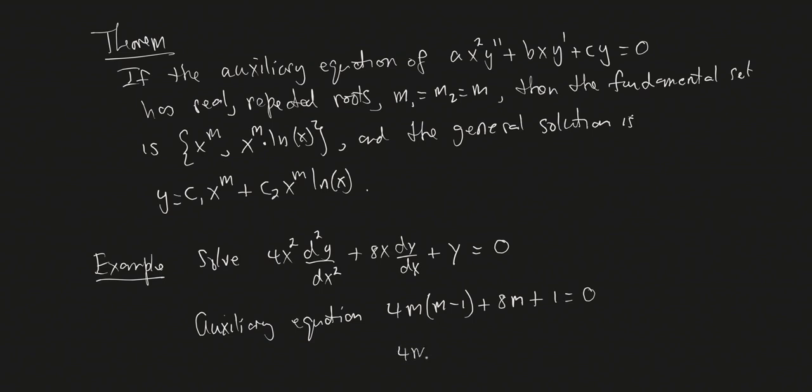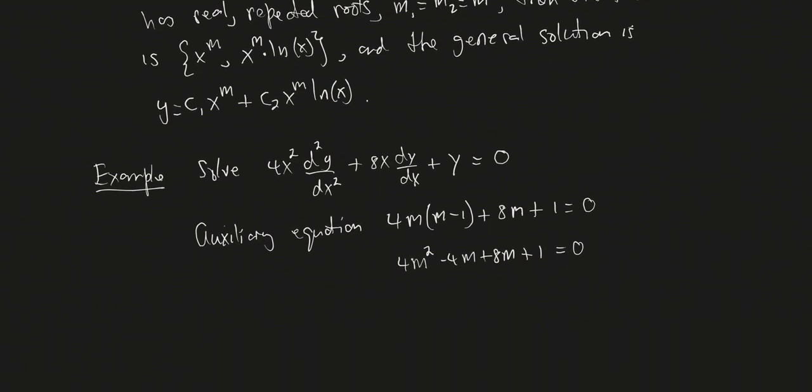We'll have 4m squared minus 4m plus 8m plus 1 is equal to 0. So again, we always have that pair of like terms in the middle. So we have 4m squared plus 4m plus 1 equal to 0. And if you look closely, you can see that this is our perfect square, 2m plus 1, that quantity squared, right? So therefore, our m1 and m2 are the same.